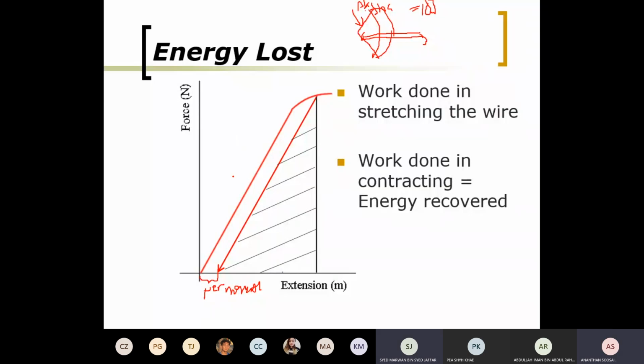The entire area is 10 joule. When you let it go, because it's already in the plastic deformation region, the energy you recovered will be smaller than the amount of work you did, 10 joule. Maybe this area is 8 joule. So how do you know the energy recovered? The energy recovered will be in the form of the kinetic energy of the object you are launching.